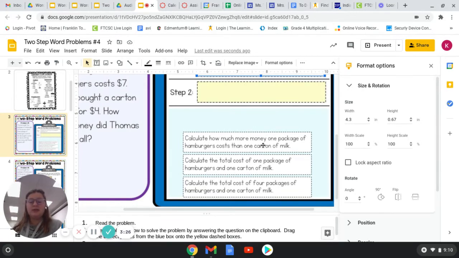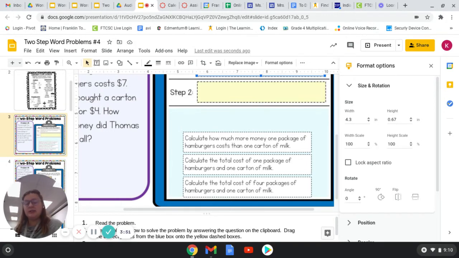So I'm going to read through my final options. I don't need to calculate how much more money one package of hamburger is compared to the milk. No, I don't need to do that, so I don't think this is step number 2 for me. Calculate the total cost of one package of hamburger and 1 carton of milk.